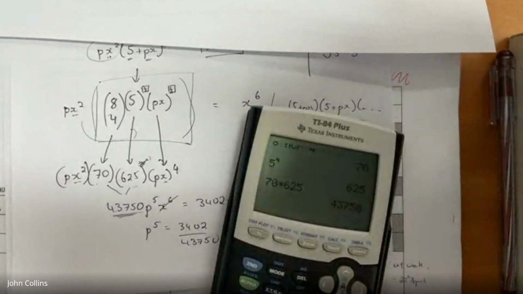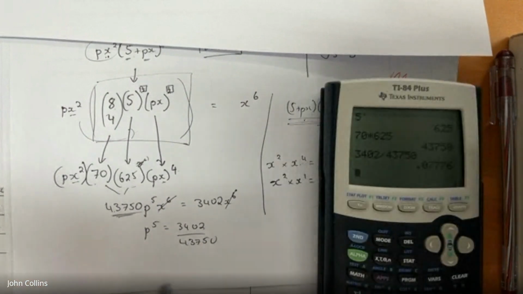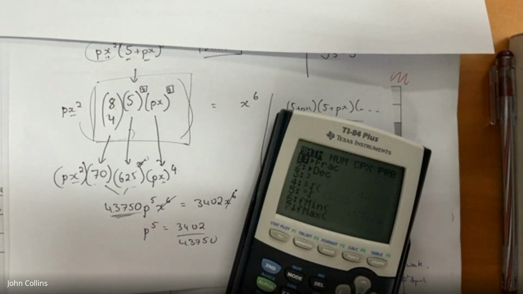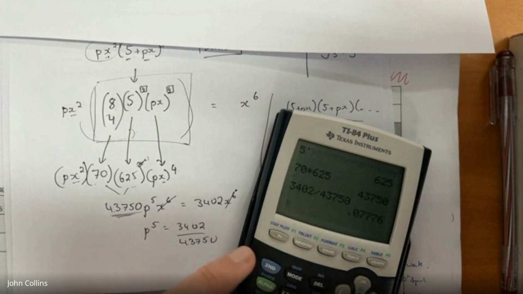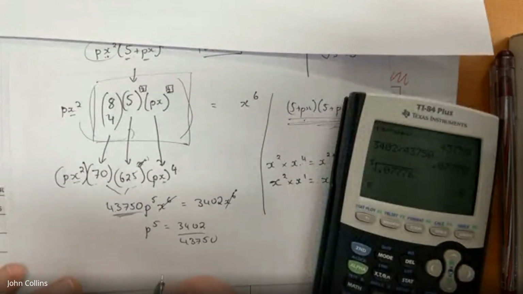Okay, we'll finish off: 3402 divided by 43750 equals that. And I need to get the fifth root of that. I should have used the fifth root. And that's 0.6.